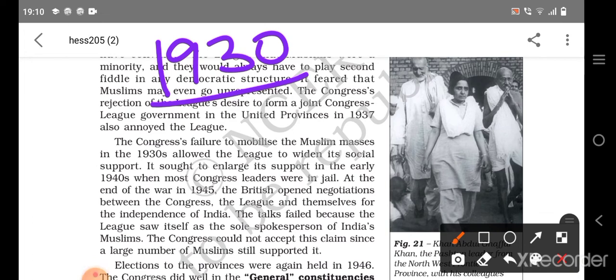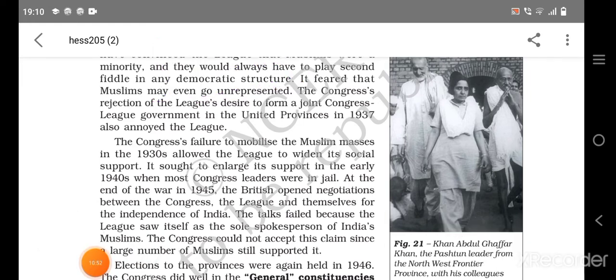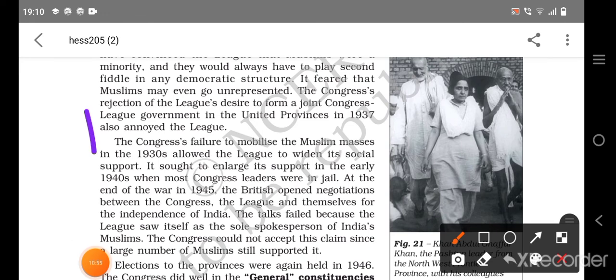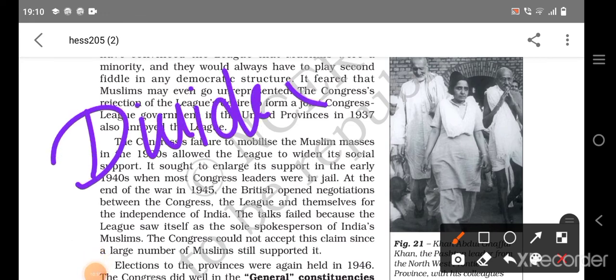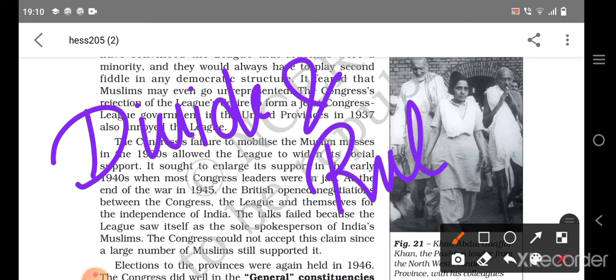All of this happened in around the 1940s, and in 1945, when the Britishers decided to leave India and give India independence, even in the end, they again applied the policy of divide and rule, which was the main policy of the Britishers during the 200 years of reign in India.